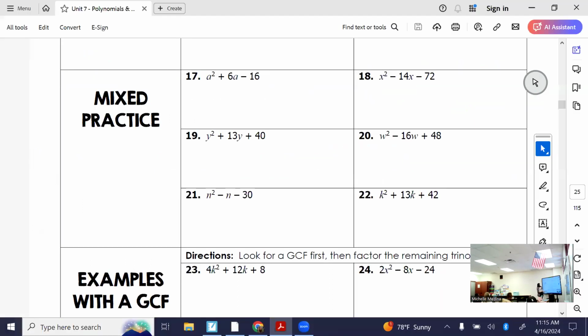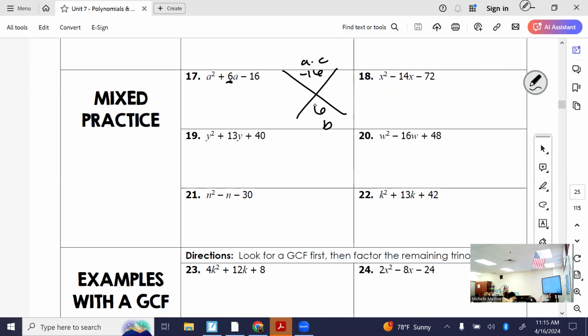Okay. So here's a few random problems. If you set it up the way that I showed you, I think that's a good way to organize your information. We're looking for numbers that multiply to the top. So A times C, 1 times negative 16. And then add to the bottom. The number in the B position is 6.